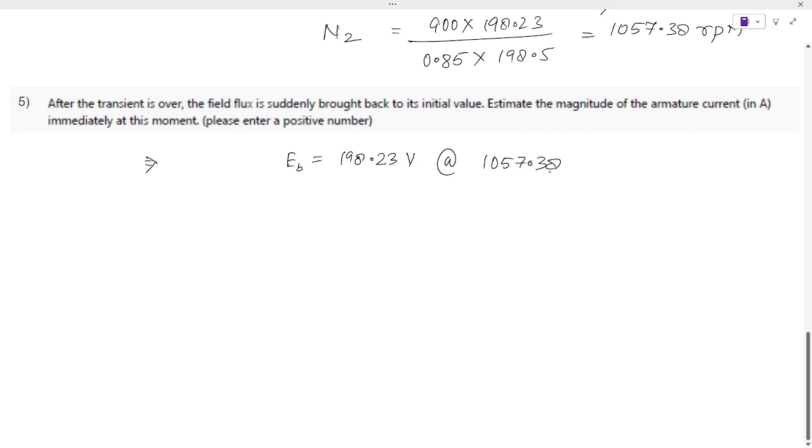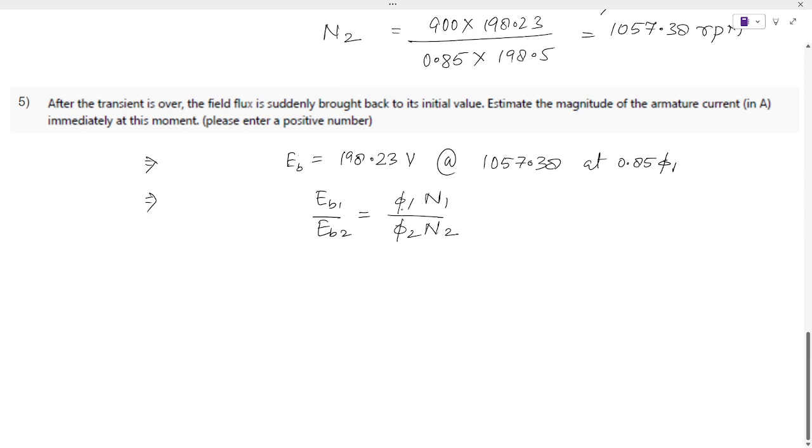So flux, which was 0.85 phi 1, is getting back to phi 1. Now EB1 by EB2 is equal to phi 1 N1 by phi 2 N2.